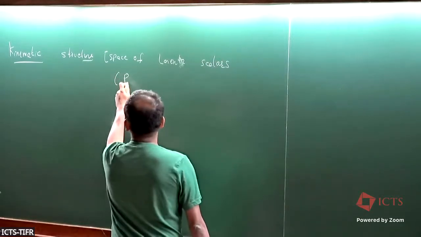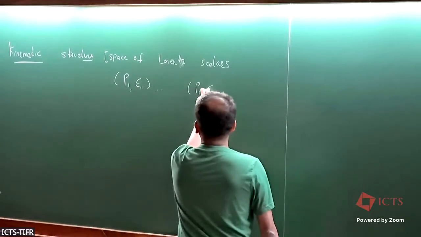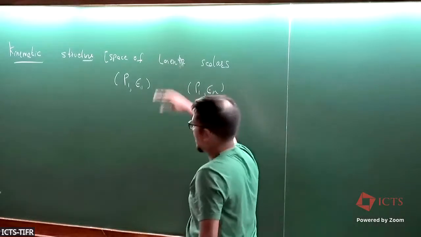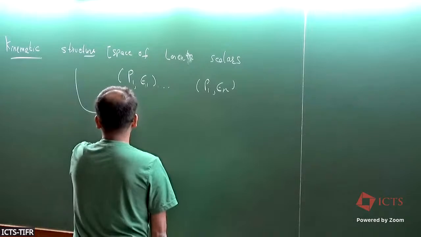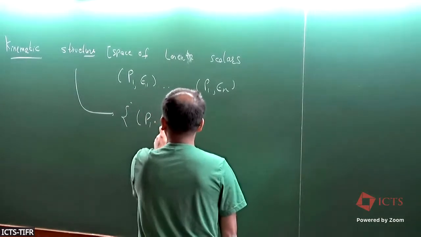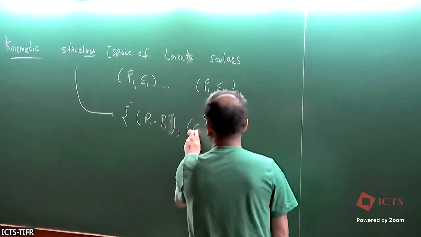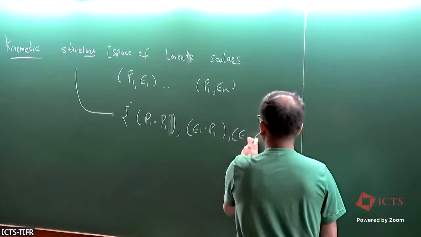So if you have some momenta, some polarization, then the only structure that we are given are all possible such scalars. By kinematic structure we simply mean the set of all pi dot pj, for example, epsilon i dot pj, and epsilon i dot epsilon j.